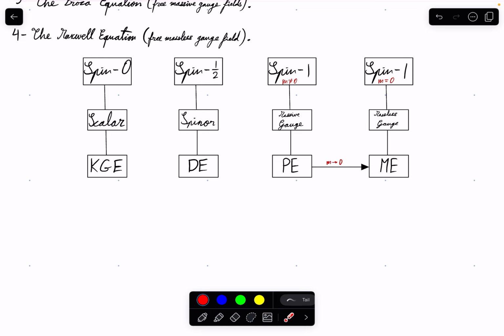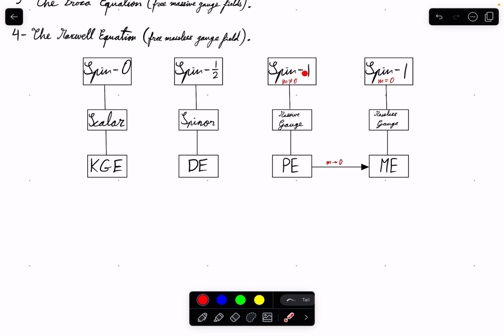If you have a spin zero field, then it is described by a scalar, and the way the scalar field behaves is described by the Klein-Gordon equation. If you have a spin 1/2 field, then it is described by a spinor field, which is described by the Dirac equation.